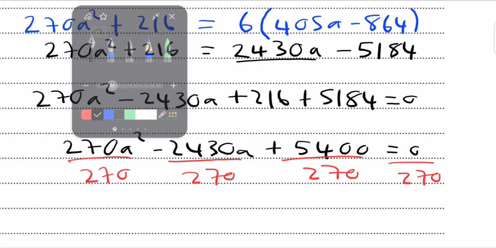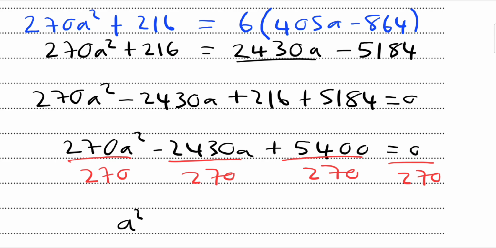This will give us a squared minus, so 2430 divided by 270, that's 9a, plus 5400 divided by 270, that's 20.